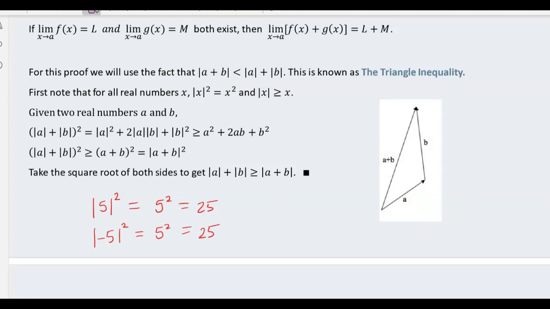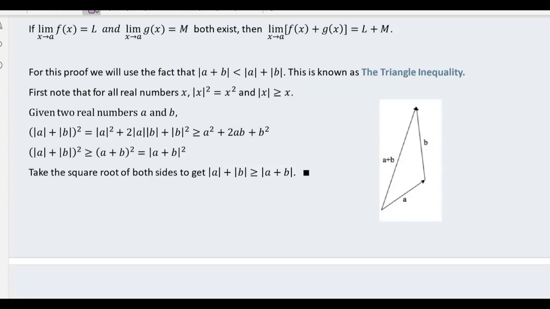We also know that if we take the absolute value of a particular number, that's always going to be greater than or equal to that value x, because we're either taking the positive value if it's already positive, or we're making it positive if it started as a negative number. So we're going to use both of these facts.